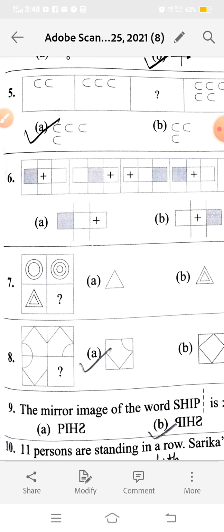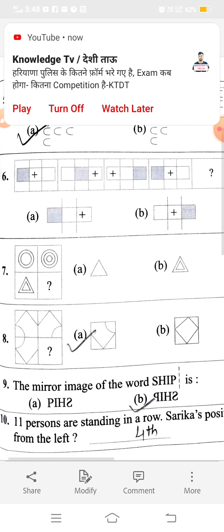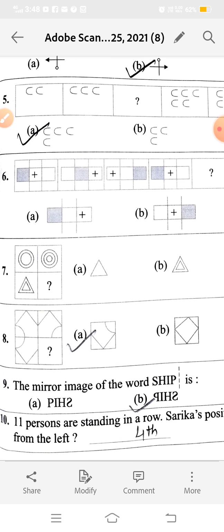Okay, now see, the mirror image you have to do first with the help of a mirror in your homework. You have to do question number 9 in your homework as an activity with the help of a mirror.